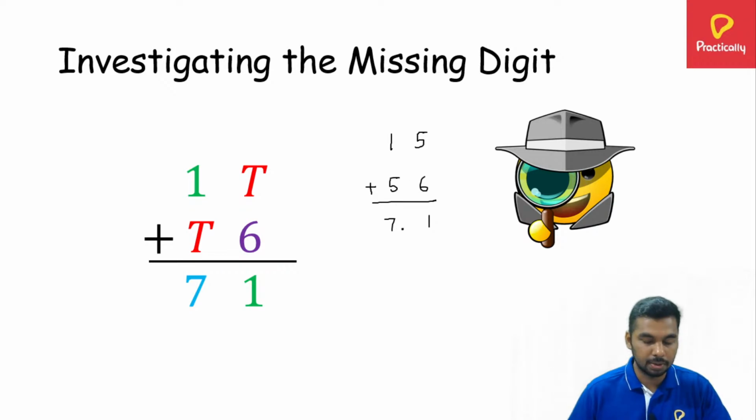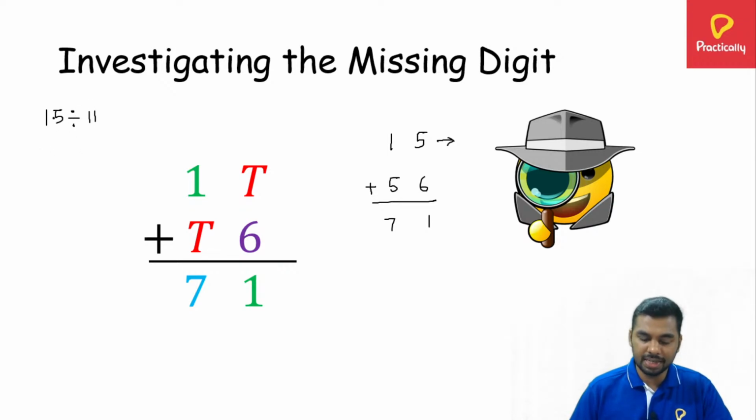This is what you get. Now what I have to do is find the remainder when I divide the number 15 by 11. Any guesses? So what I am asking is, what is the remainder on dividing 15 by 11?